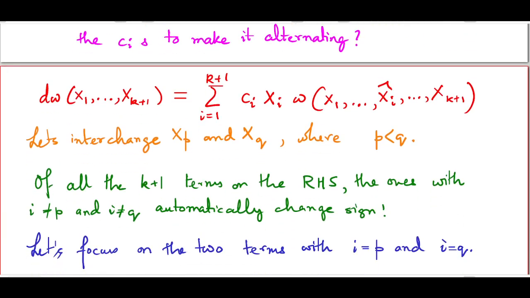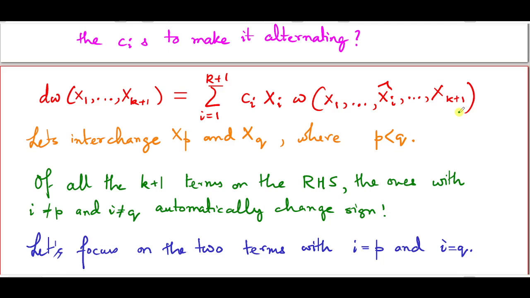Now, if we were to interchange xp and xq, then if you focus on this sum, in all of the k plus 1 terms on the RHS, the ones where i is neither equal to p nor equal to q are ones in which xp and xq are arguments to omega and they have been interchanged, giving rise to a minus sign.